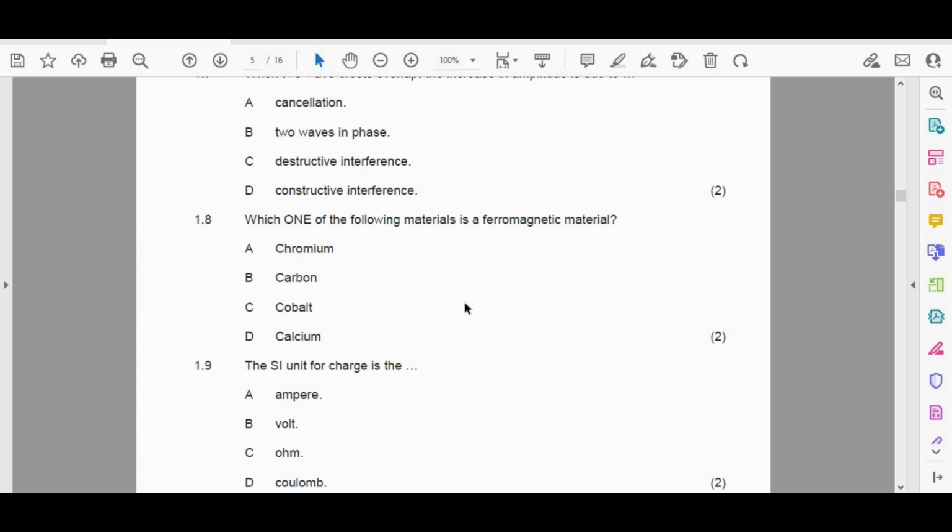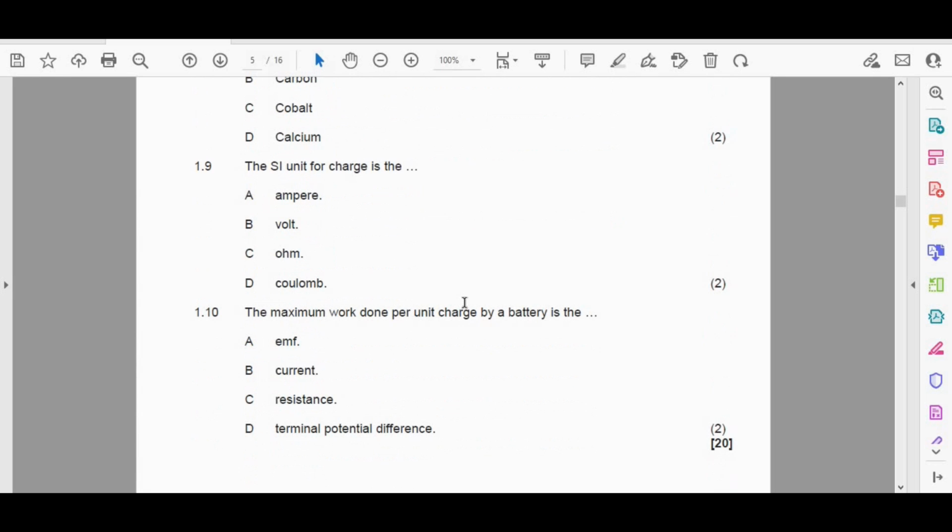Right, and 1.10, which is the final multiple choice question. The maximum work done per unit charge by a battery is the current, resistance, terminal potential difference, or EMF. Well, the maximum work done we know is energy, it can't be current, can't be resistance.